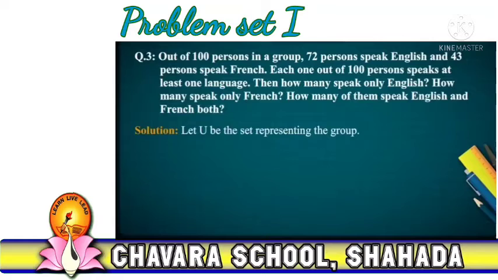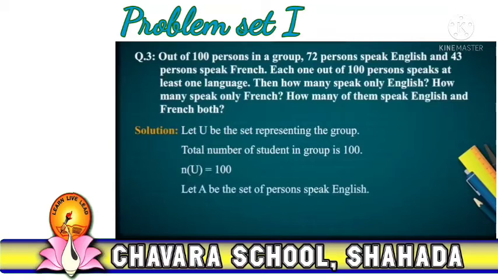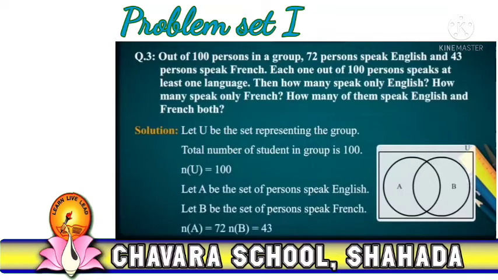Solution. Let U be the set representing the group. The total number of persons in the group is 100. Hence, the number of elements in U is 100. Let A be the set of persons who speak English. Let B be the set of persons who speak French. The number of elements in A is equal to 72. The number of elements in set B is equal to 43.